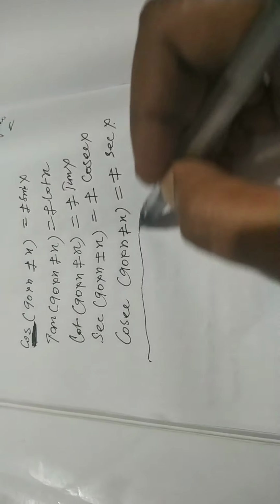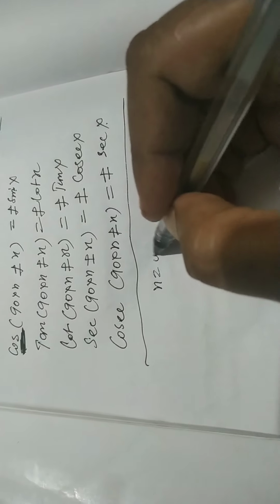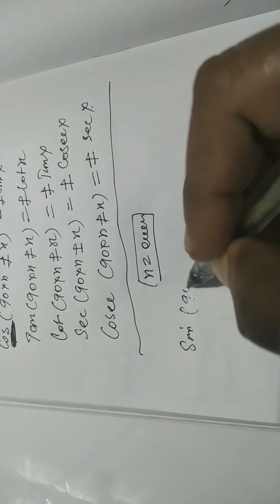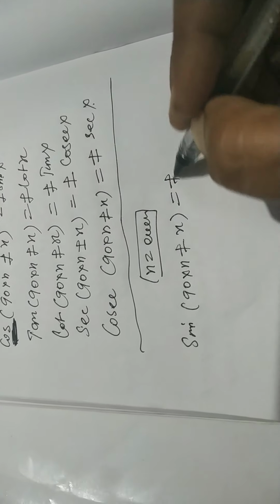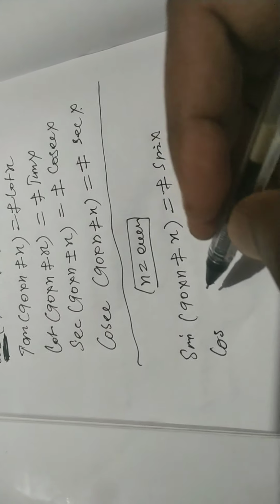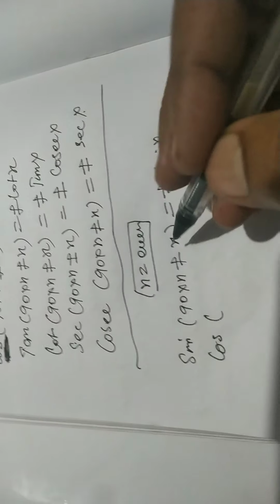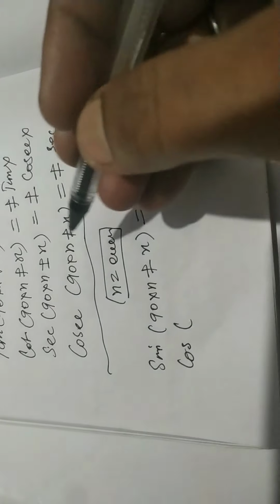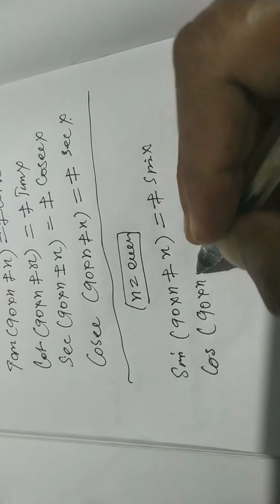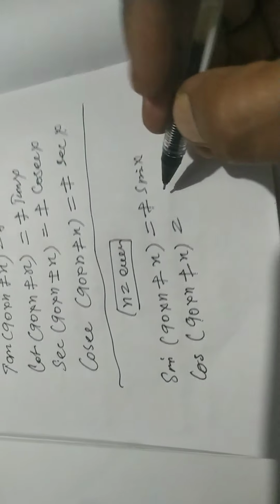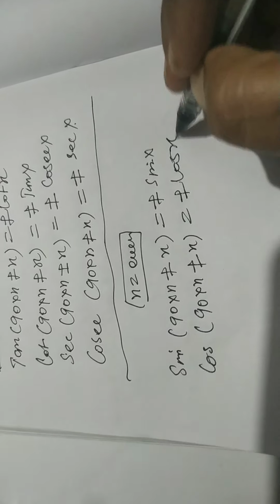Now the second condition: if n is an even number, then sin(90 × n ± x) is equal to plus or minus sin x. Here I give the example of cos; for sine we have already given the example. When n is odd, it is plus or minus cos x.